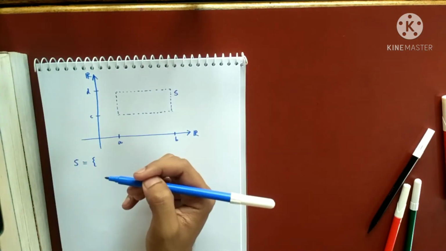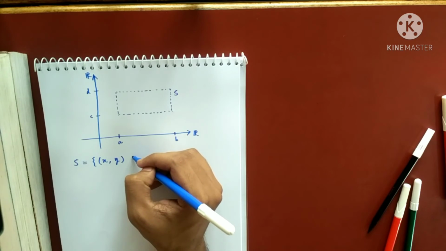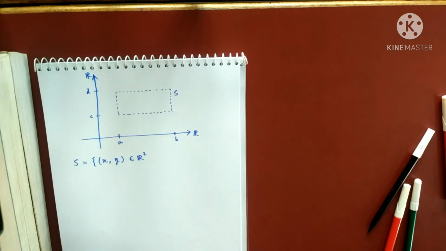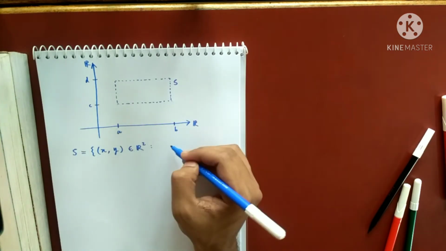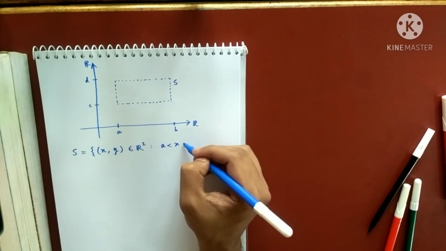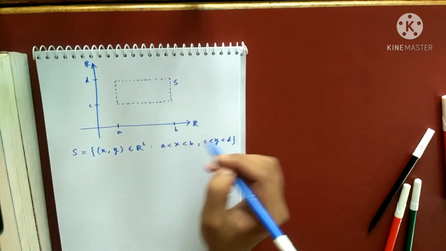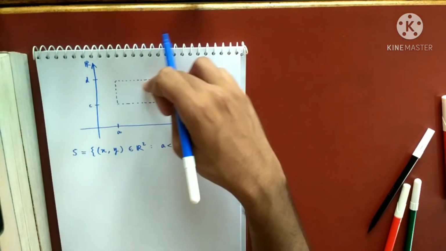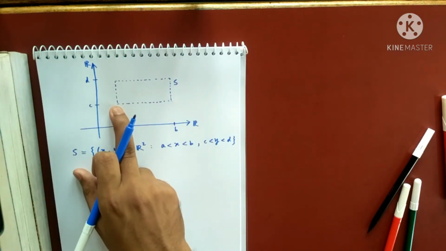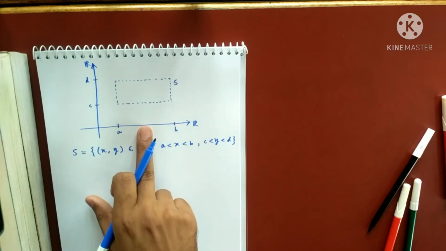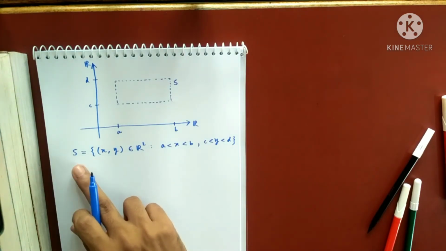S is the collection of all points (X, Y) in R2 such that X lies between A and B, so X is greater than A but less than B, and Y is greater than C and less than D. That means whichever points are there in S, their X coordinate is greater than A but less than B, and the Y coordinate is more than C but less than D. So this is how a rectangle can be written in R2.